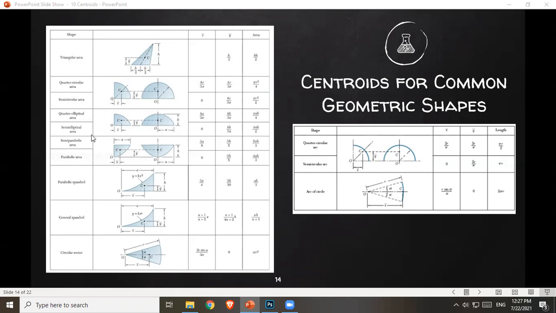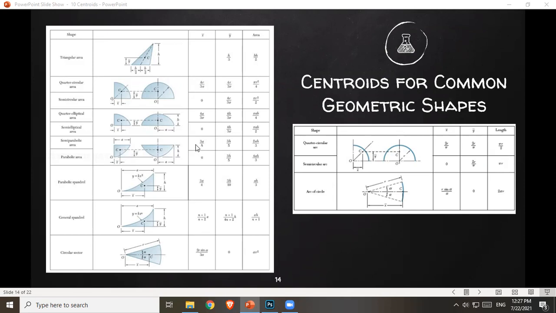Okay, next we have parabolas. So a semi-parabolic area we have here, okay? So x bar is the distance of your centroid from this height or from this side. And that is 3a over 8. And again, a is the distance from half of your parabola to the edge.